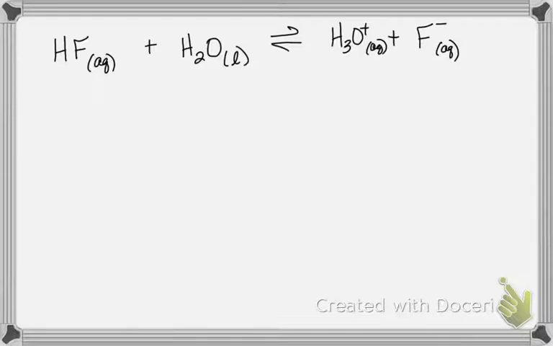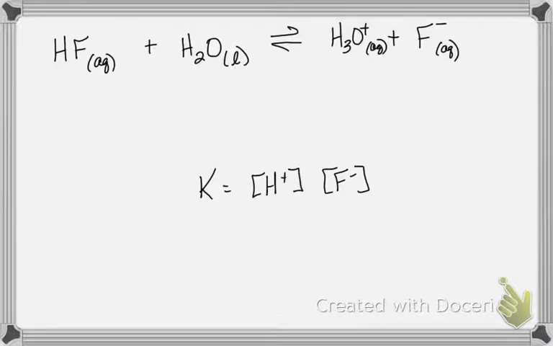For this acid, the equilibrium constant expression K is equal to the products. Remember, we can write this as hydronium ion times fluoride ion. Or, remember hydronium and hydrogen are used interchangeably?